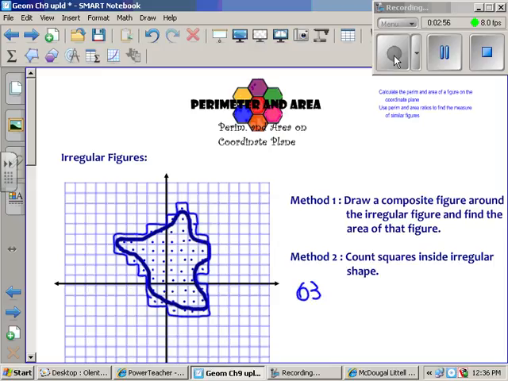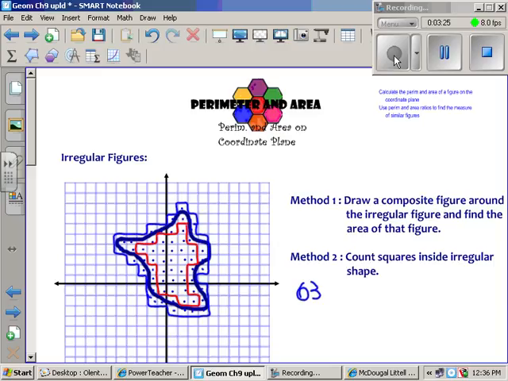Then they did the exact same thing, only this time they drew inside the shape. So they drew only the squares that they could get to without crossing the outside of the shape. Like that.